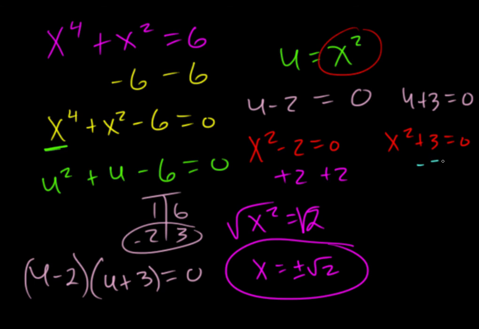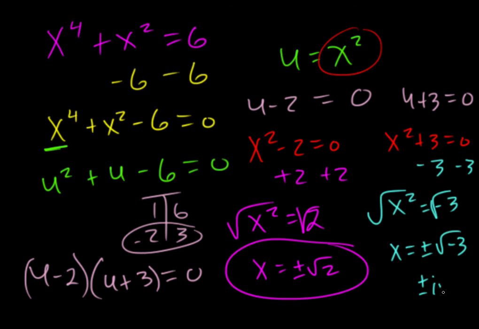And then this one minus 3. Square root both. Oops, not that. And pull out the i. So x is plus or minus square root of 2 or plus or minus i root 3.